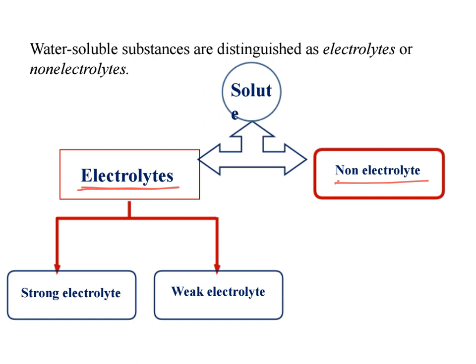When it comes to electrolyte, again it is classified into two, strong electrolyte and weak electrolyte. We know that all the substances cannot ionize 100% or equally. Depends upon degree of ionization, again these are classified into two types, strong electrolyte, weak electrolyte.